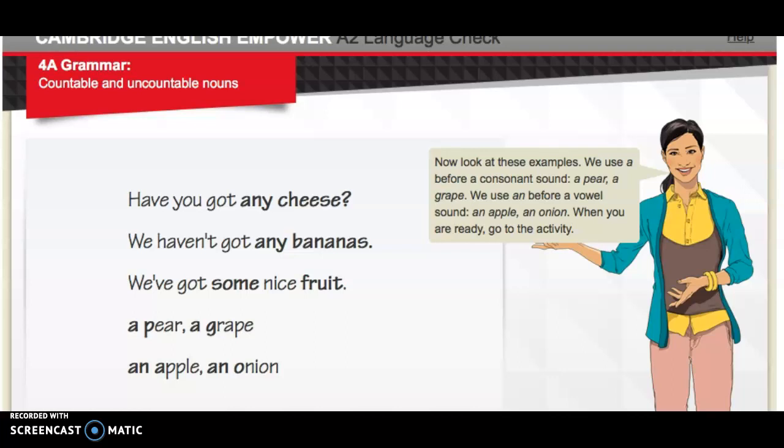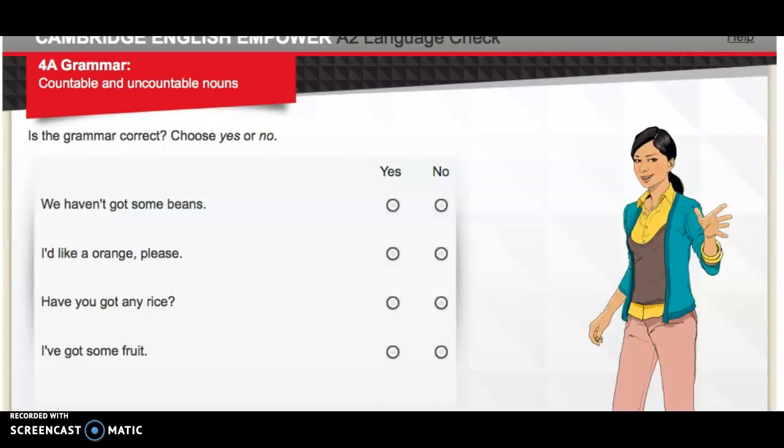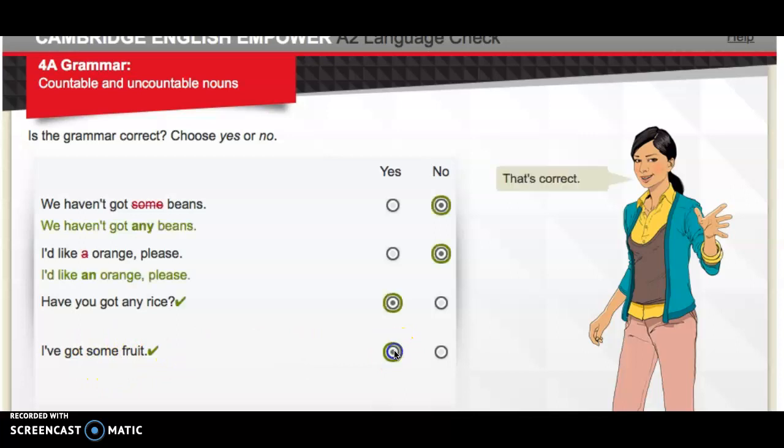When you are ready, go to the activity. Is the grammar correct? Choose yes or no. That's correct.